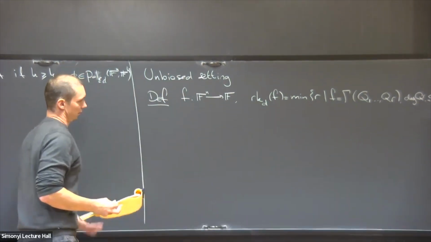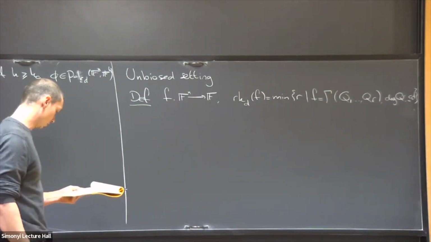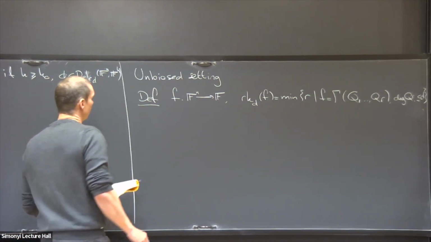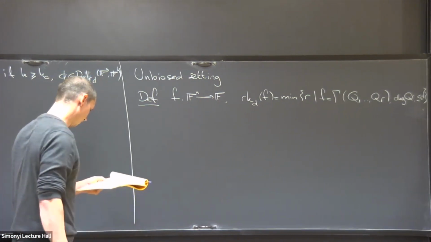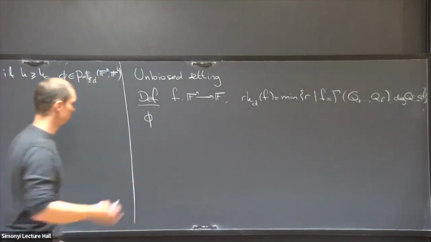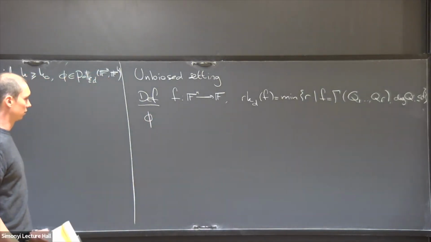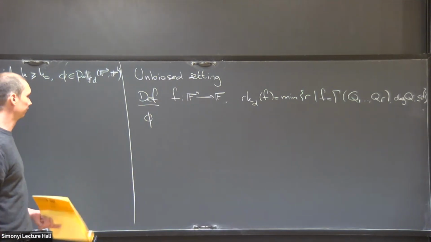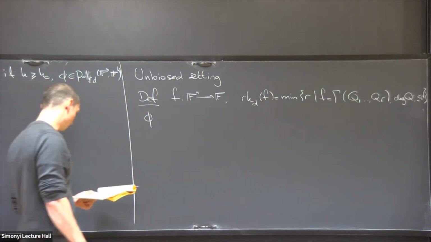So, rank d of a function. Based on this, you can define a notion called regularity, which is supposed to capture a notion of randomness of a polynomial map.